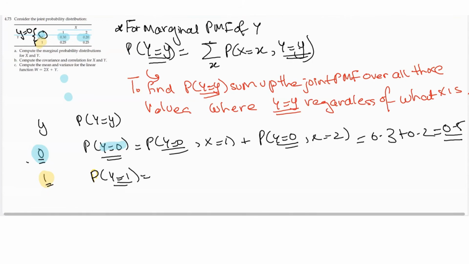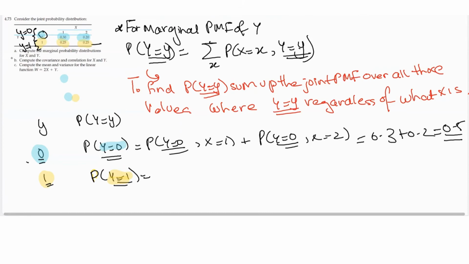This is Y equal to 0, and this is Y equal to 1, the row corresponding to Y equal to 1. We know in the second row, Y is equal to 1, and we're going to do this regardless of whatever x is. So in these values of the joint PMF, we know Y is 1.